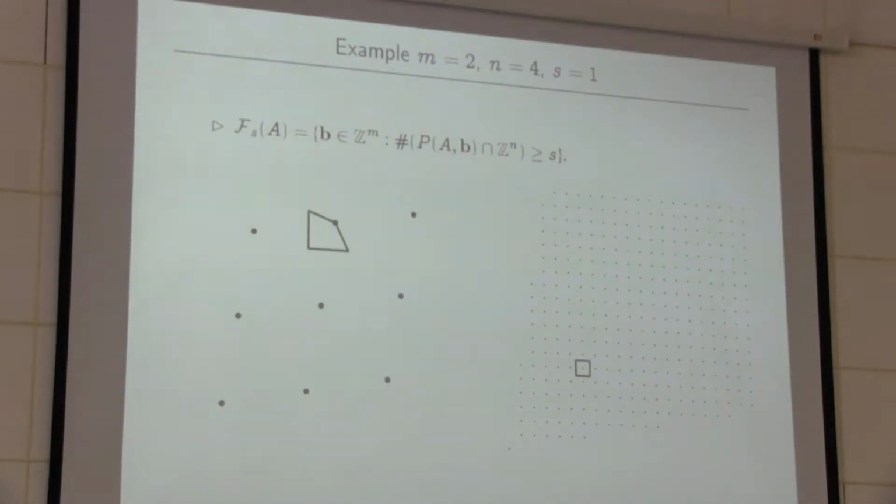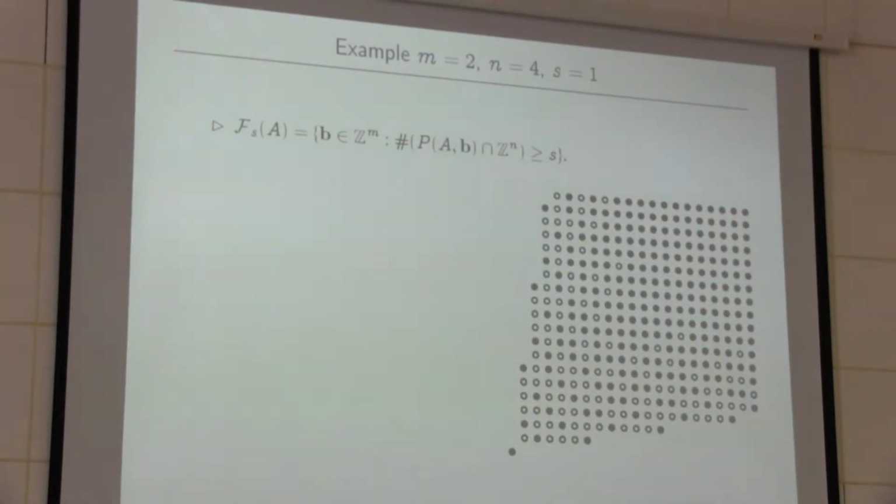So take, for example, this point: the Knapsack Polytope indeed contains integer points. So this point is in our set. So the points of the set F_s of A look as shown in this picture. So, for example, we can observe that if our point is reasonably far from the boundary, then the point is in the set. You will see later on that it's always the case.